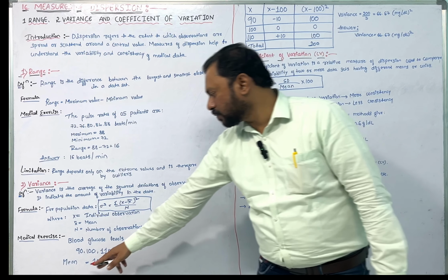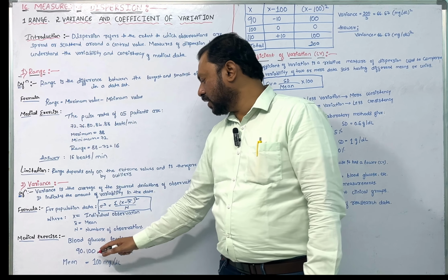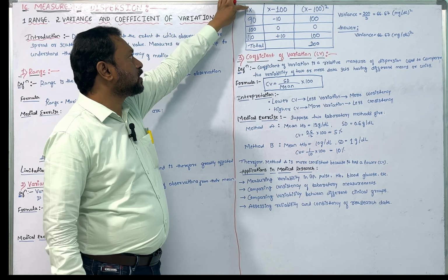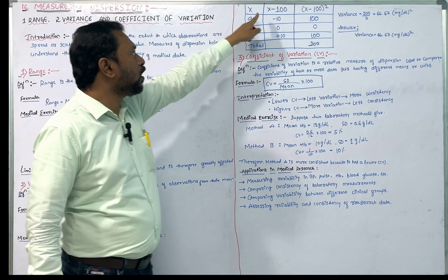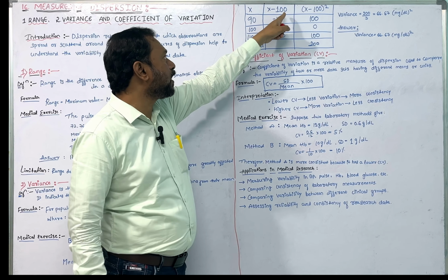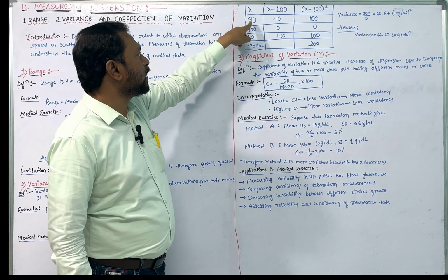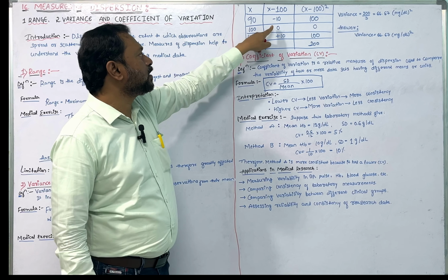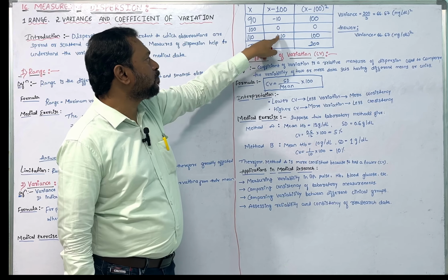Here the mean is 100 and the individual observations x are 90, 100 and 110. Now x minus 100: x is 90, so 90 minus 100 is equal to minus 10. 100 minus 100 is equal to 0. 110 minus 100 is plus 10.